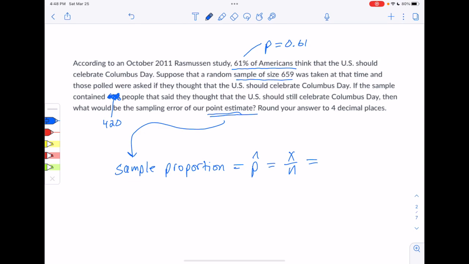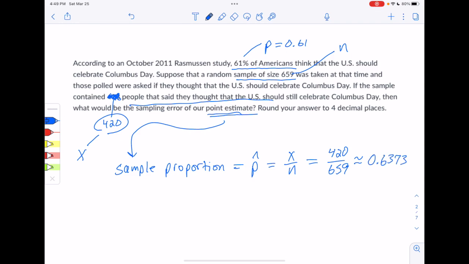So we have size of the sample is 659 right here, so that's N. We have 420 people said that they believe the U.S. should still celebrate Columbus Day, so that's our X. So P hat is equal to 420 divided by the sample size of 659. We do that division, round it to 4 decimal places. If you do that on the calculator, you get 0.6373.